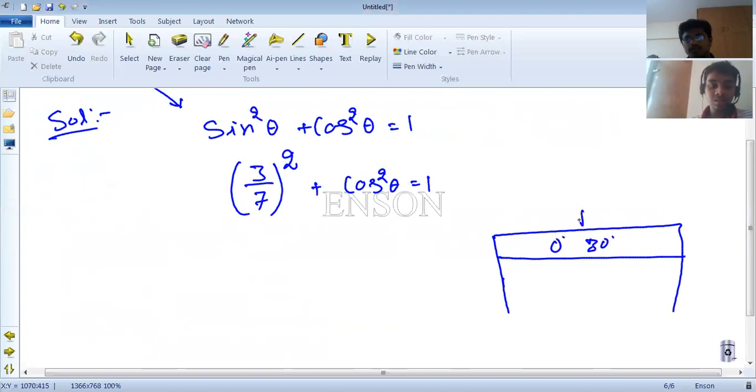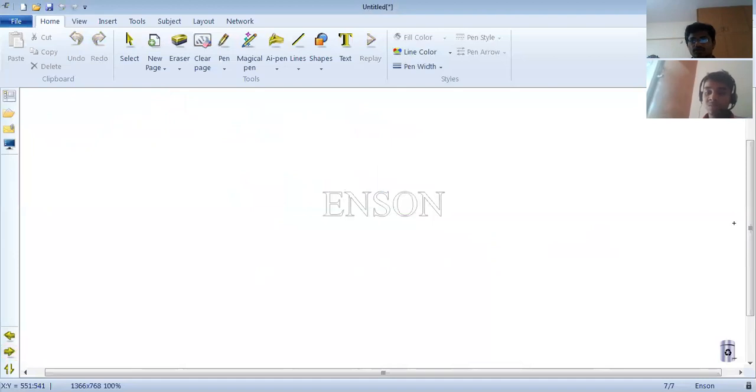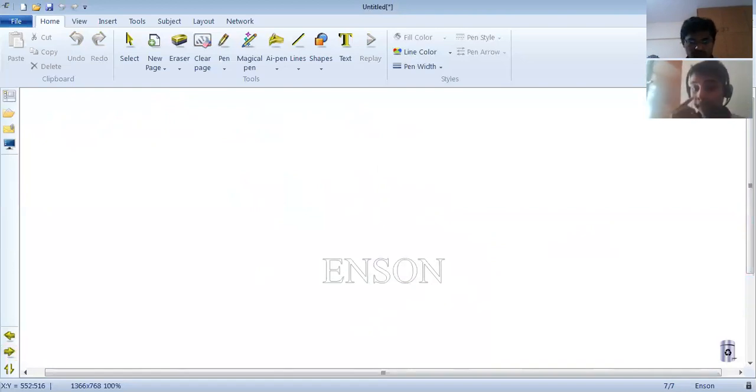I told you a shortcut method to remember those trigonometric ratios, but no problem if you don't remember. You will get to know how to solve those trigonometric angles from the next concept.